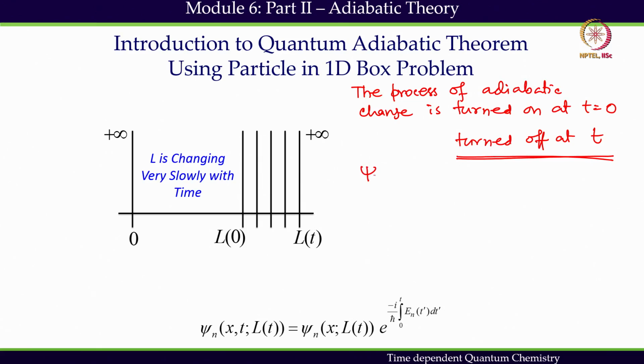The psi n wave function, the nth eigenstate wave function of the particle, we said that it has a temporal phase factor e to the power i E n t by h cut. Now the time is evolving from 0 to t.